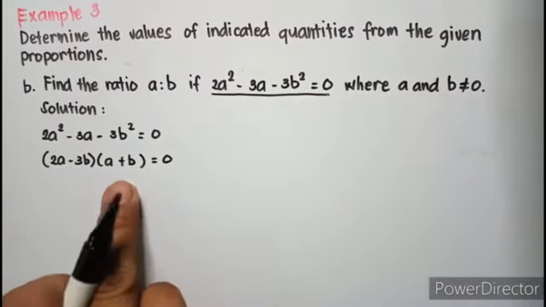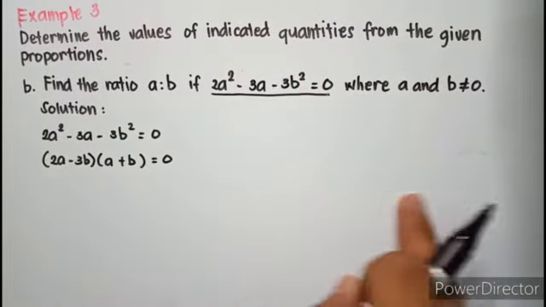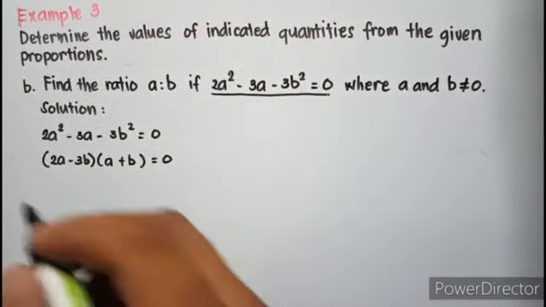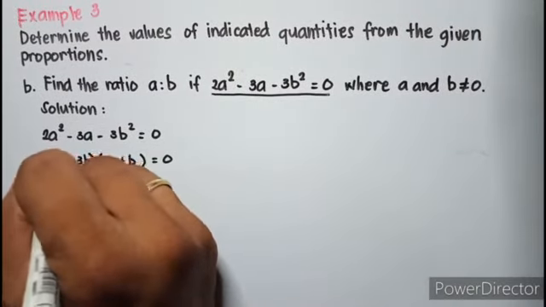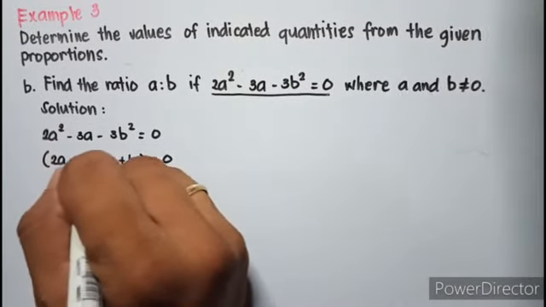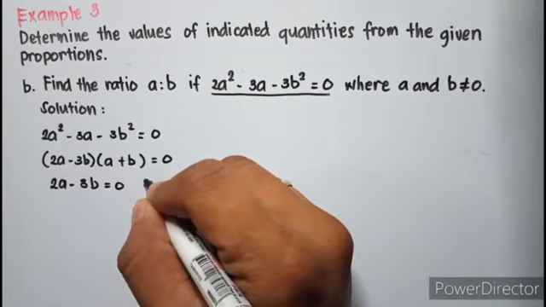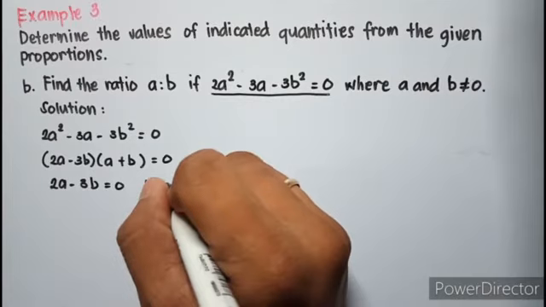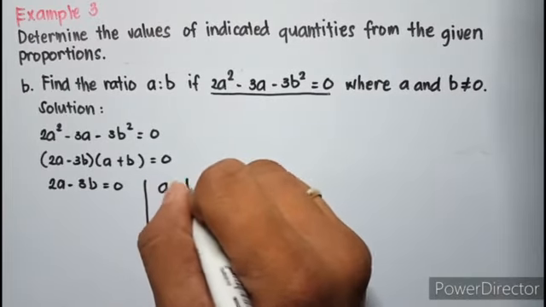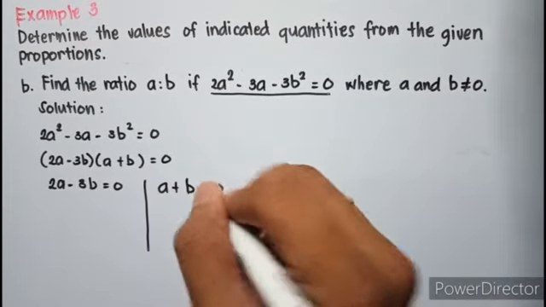Then since we have two factors, let's use the zero product property. So that is 2a minus 3b is equal to 0, and a plus b is equal to 0.